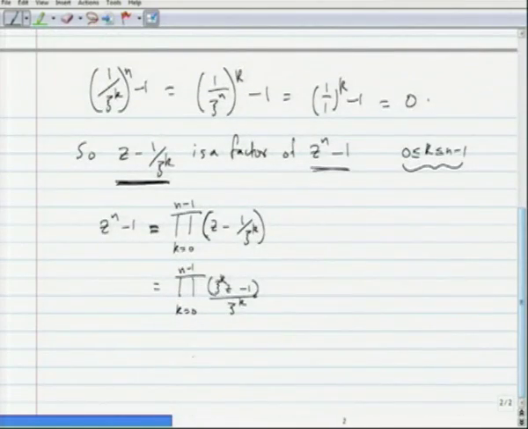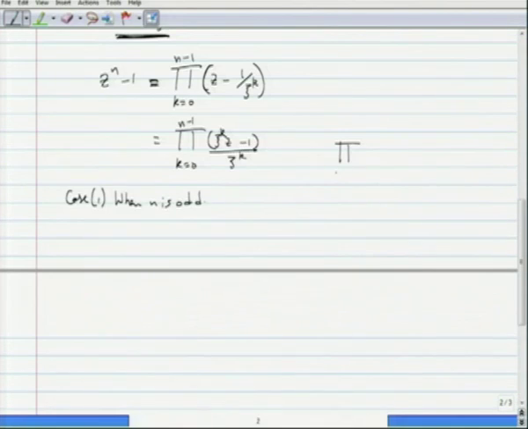Notice the product from k equals 0 through n minus 1 of 1 by zeta power k, the product of these denominators, is equal to e power minus 2 k pi i by n.